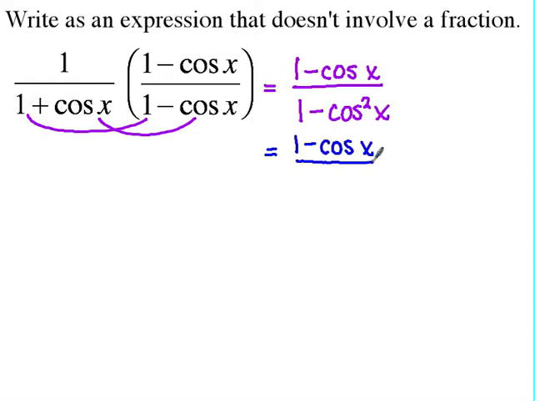So what do you think goes in the denominator? What is 1 minus cosine squared equal? Sine squared, good job. That was also one that we did yesterday kind of on the side. That's one of the trig functions squared in the number 1.